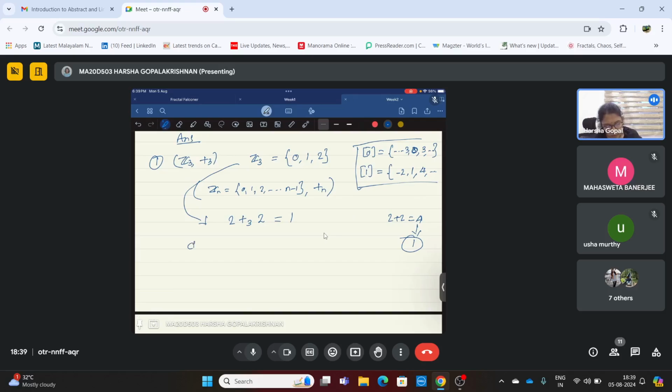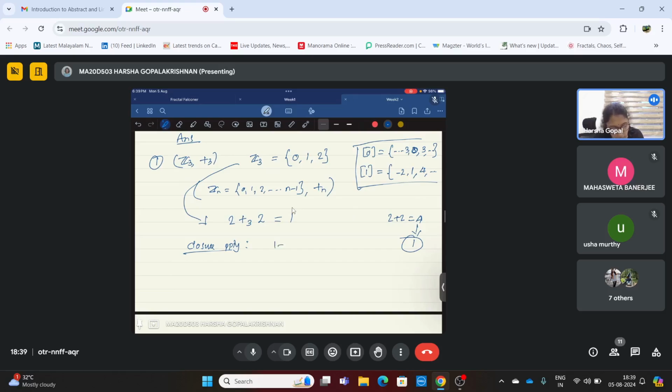Now, what is the closure property? For that, we should take 2 elements of the set, all possible pairs from the set, add them and see whether the result belongs to the set or not. Whatever we add, finally we take the remainder of the sum when divided by 3, so the remainder can be 0, 1 or 2.